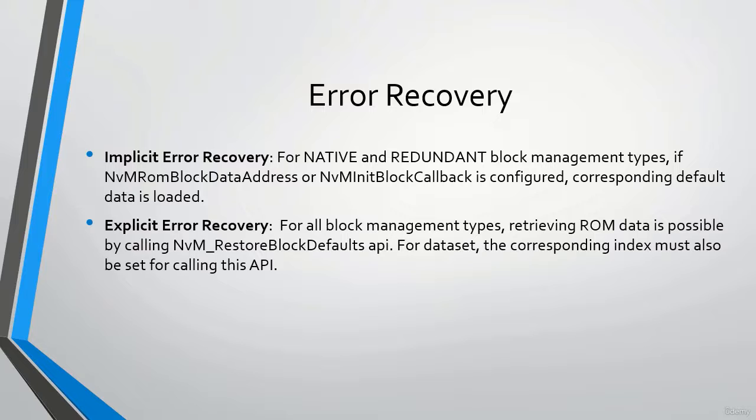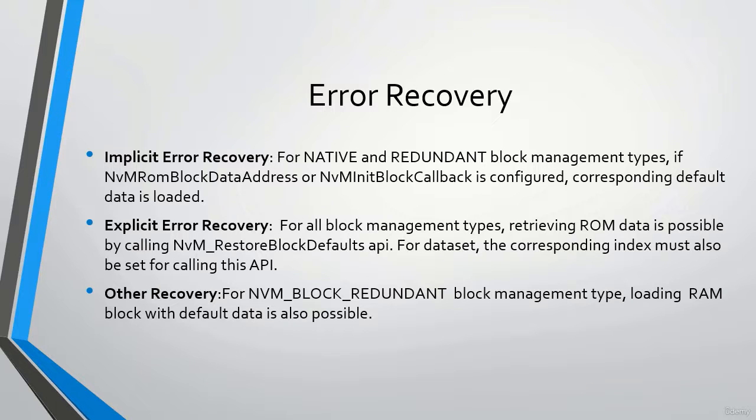One special case is that for the dataset type, before calling this API, we need to ensure that the corresponding index is also set. So we need to set the index first along with calling the API to use it effectively for the dataset management type.